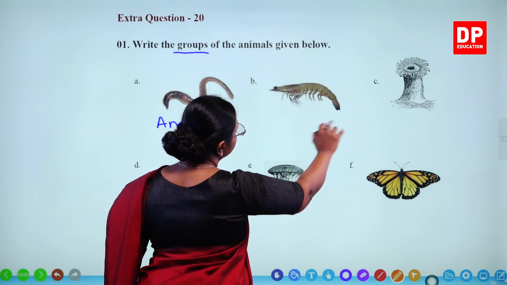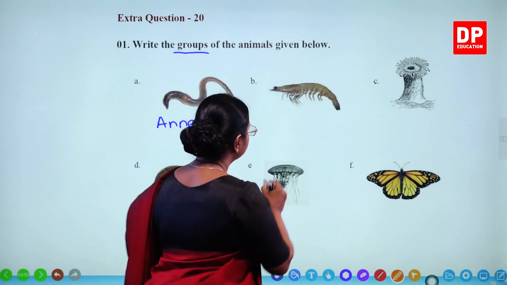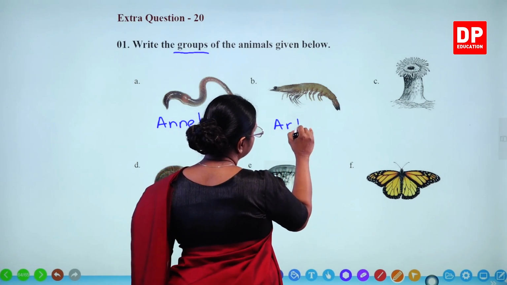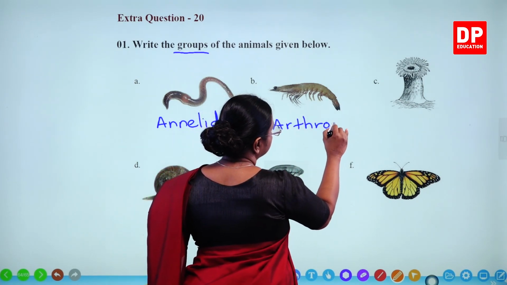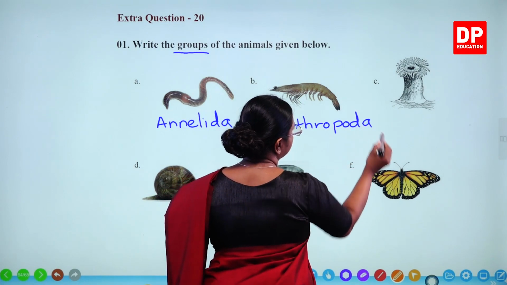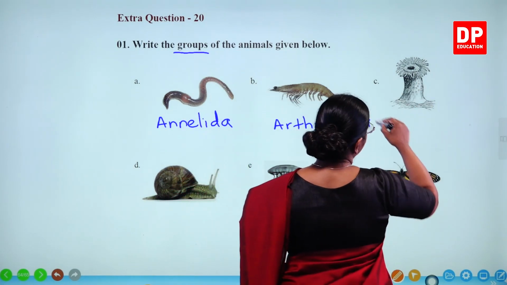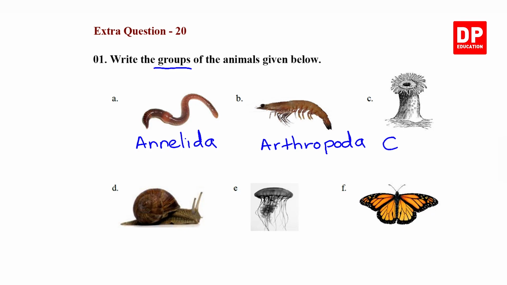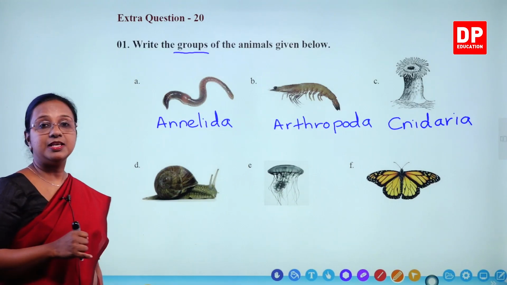Then this one, it is a prawn that belongs to group Arthropoda. Then what is this? It is a hydra, a polyp. So it has to be group Cnidaria. Then we have this snail.